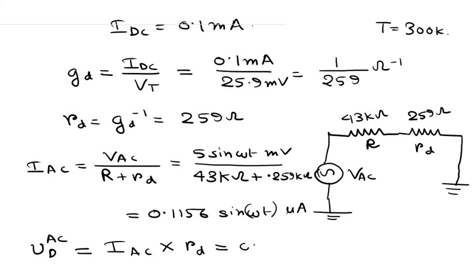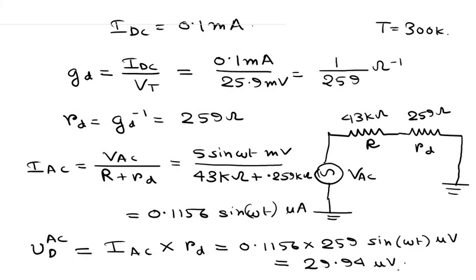So 0.1156 into 259 sine omega t microvolts, which is equal to 29.94 sine omega t microvolts. So this is the AC component of the voltage drop across the diode.